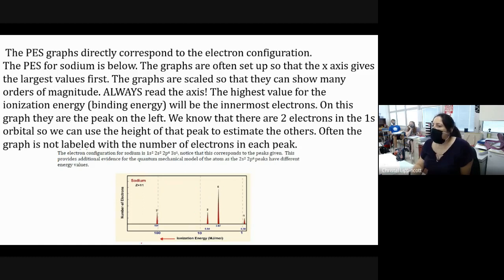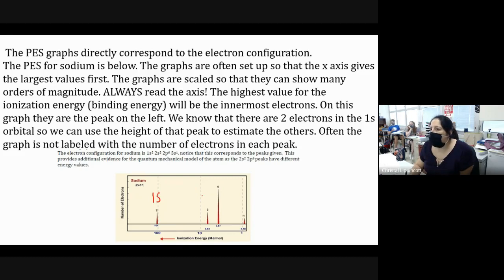So when you get these graphs, and this is very sneaky of them, you've got to pay attention, okay? Sometimes they will have this x-axis flipped around. So pay attention. Make sure that if you're labeling this, whatever has the most energy, that's going to be your 1s electrons. Okay.